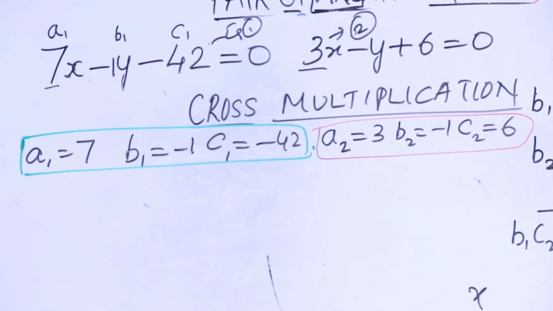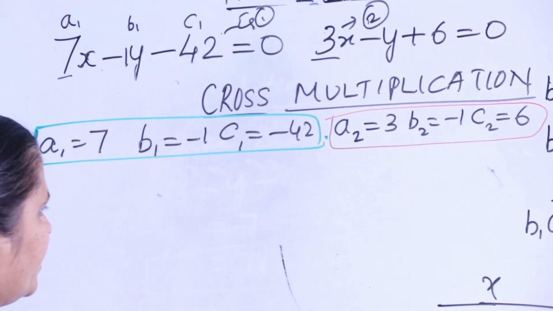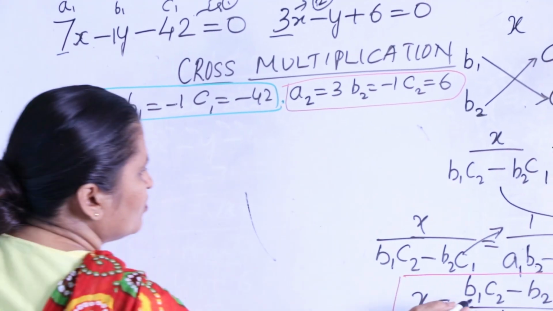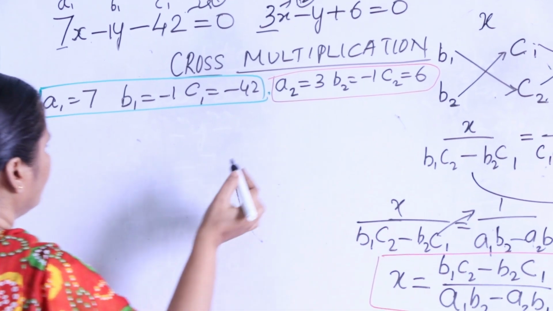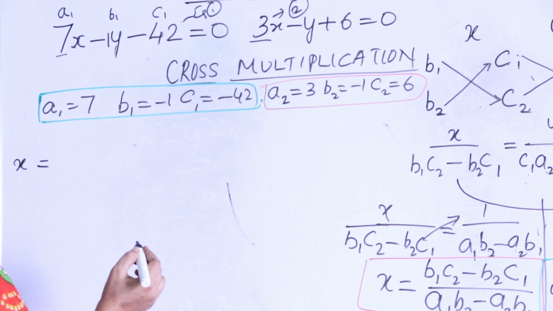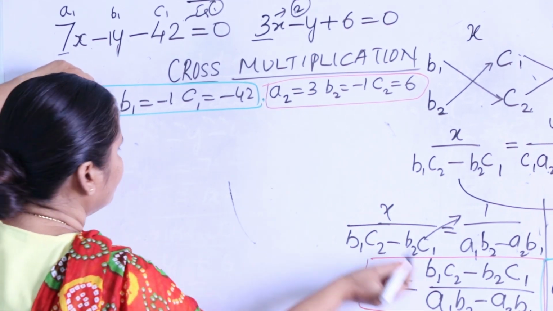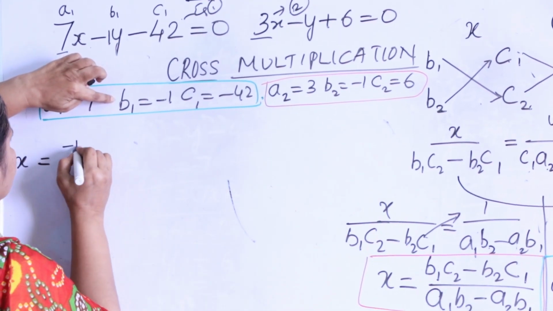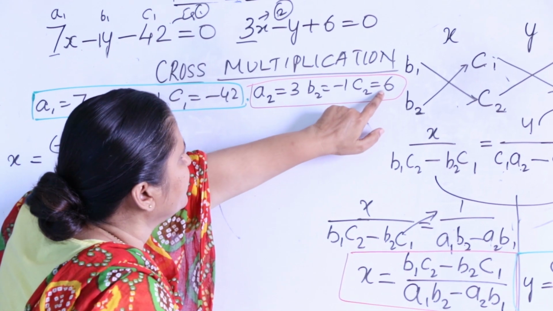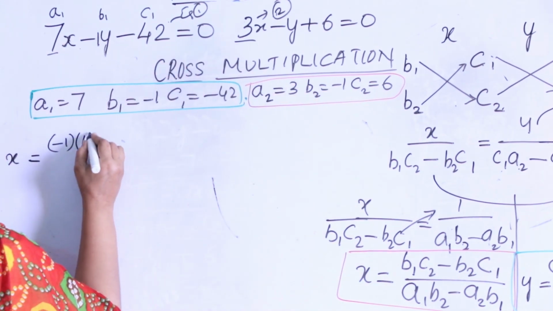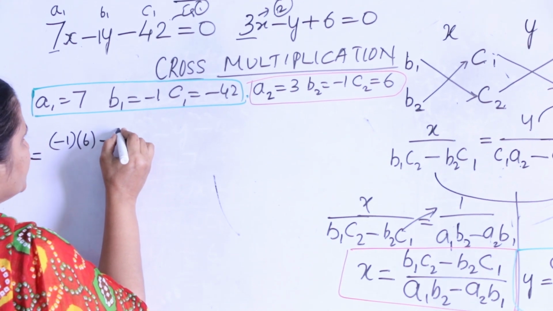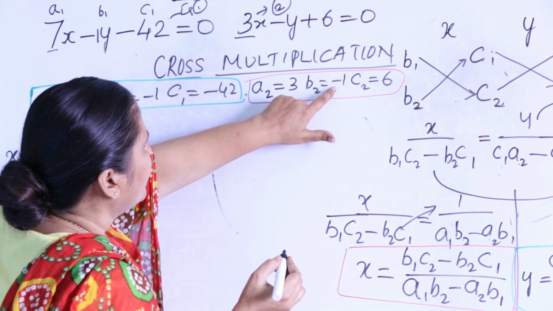Now we will see how we can use them in finding the x value. X is equal to, what is b1? Use both hands, this will be easier for you. b1 is minus 1. What is c2? c2 is 6. Bring the sign, minus. Then, what is b2? Minus 1.